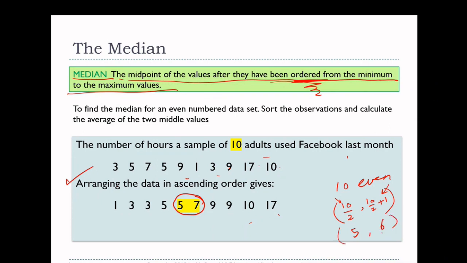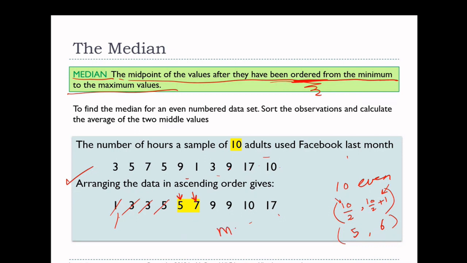Take the average of number 5 and number 6 in the order.